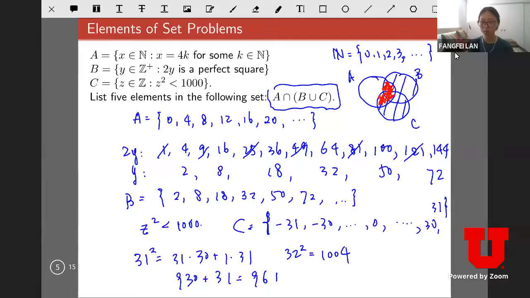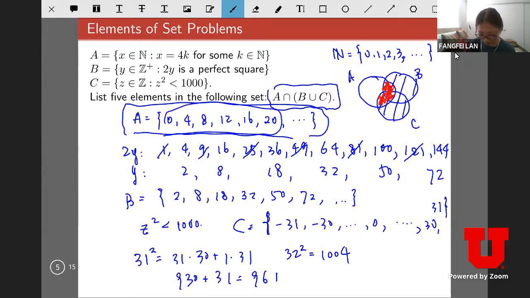So we just have to find elements in A that end up in either B or C. As long as they end up in one of them, it's fine. So the whole chunk of A we've written down so far all exist in C, so they all satisfy A intersect B or C.